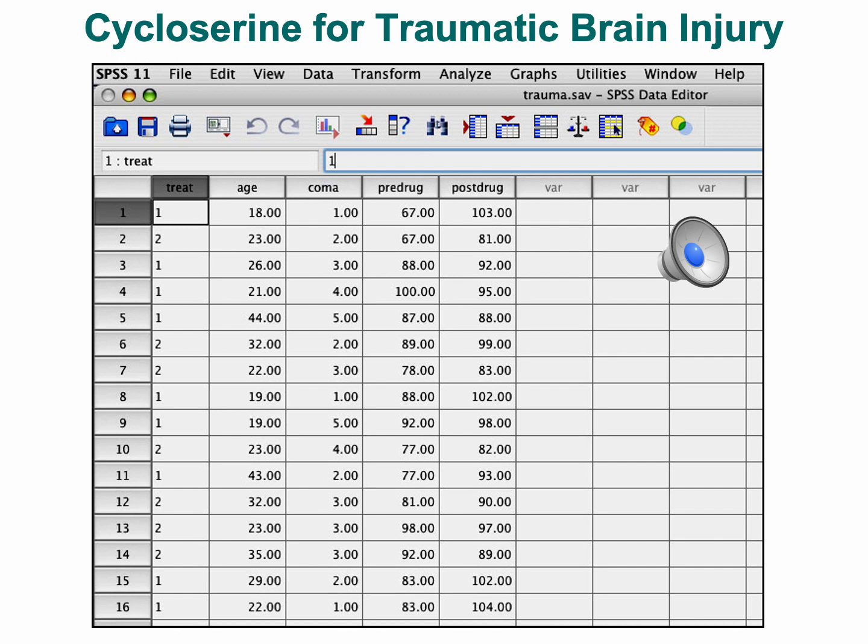And treat indicates a treatment group or control group. That's 1 or 2. You see the age of the subjects. You see their coma levels. You see their pre-drug memory scores. That's what pre-drug is. Then you see their post-drug memory scores. And we're going to analyze this in repeated measures, multifactorial ANOVA.